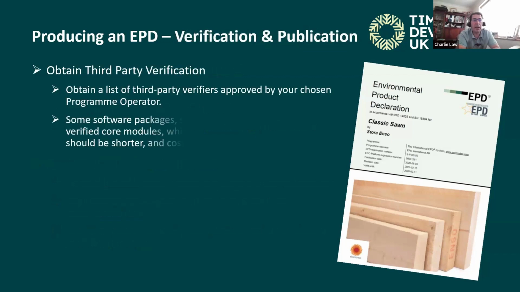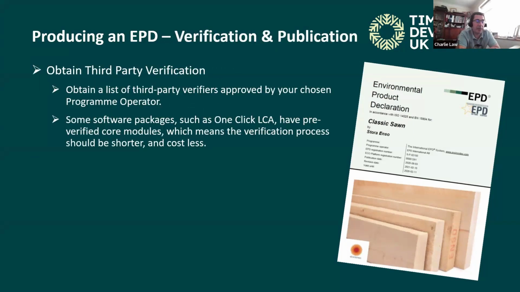And then once you've got that, you can then submit that for verification, and that would be one of, like I say, the program operators. You'd submit it to them. They would then assess that EPD, or their assessor would assess that EPD, and hopefully pass it so you can publish it.